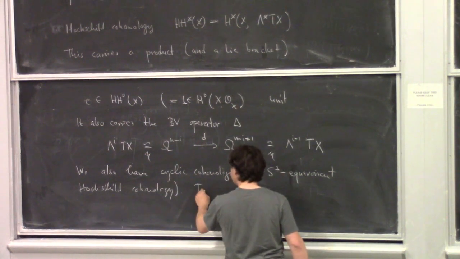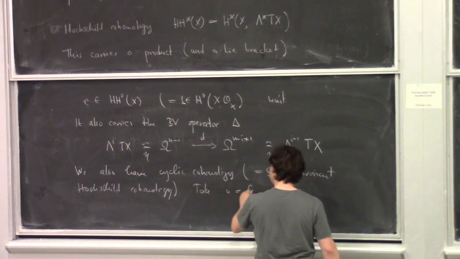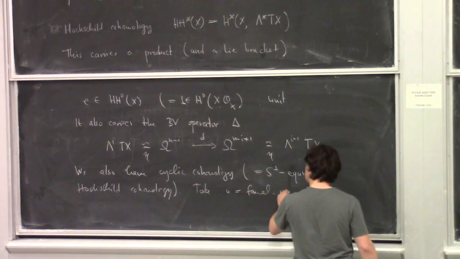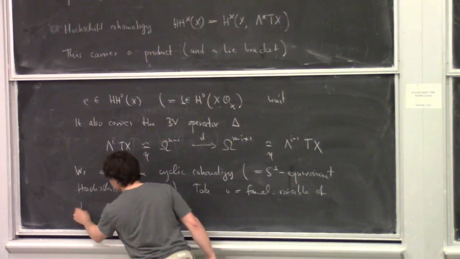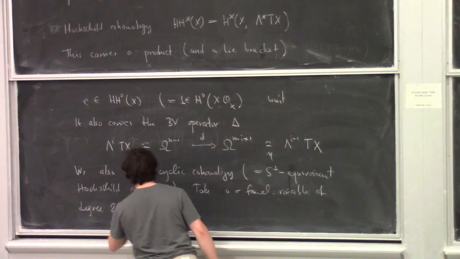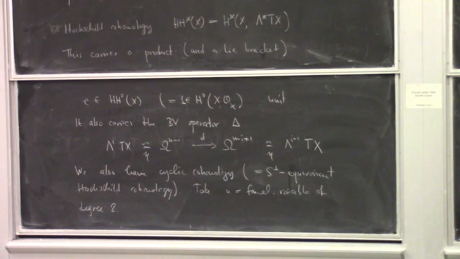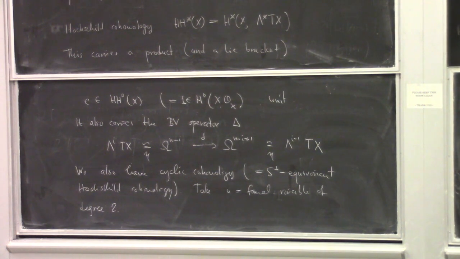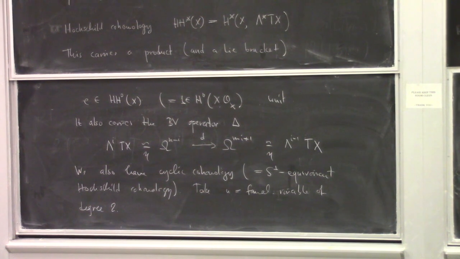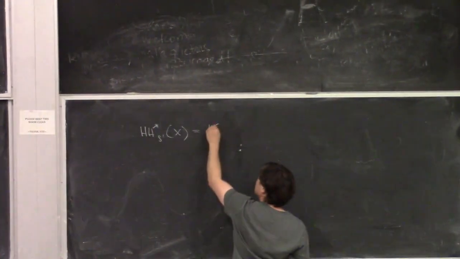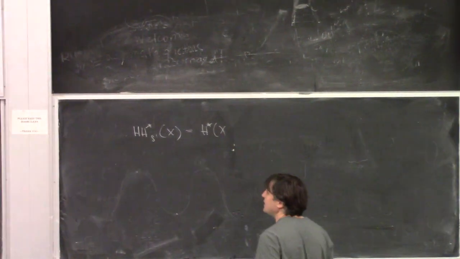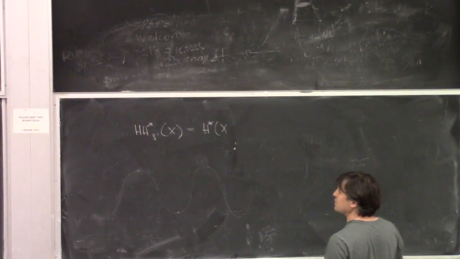Take u, a formal variable of degree 2, and I will use this notation here as if I knew derived algebraic geometry.